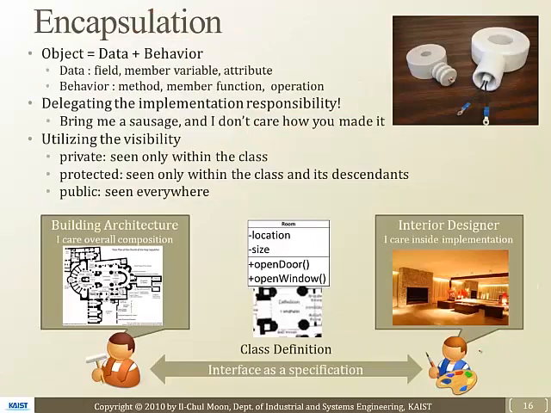By using this UML diagram, we have to know certain things about object-oriented design. Object classes have some characteristics that come in handy. An object consists of data and behavior. This data is called field, member variable, or attribute. In the MATLAB world, it is called properties.